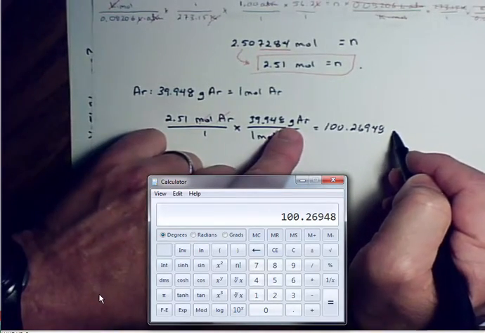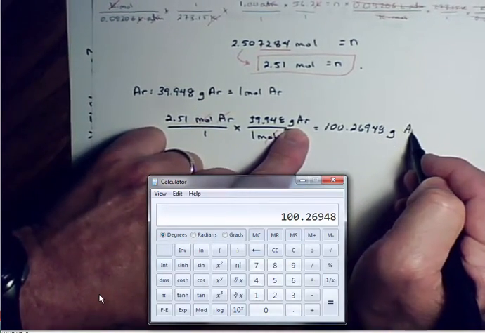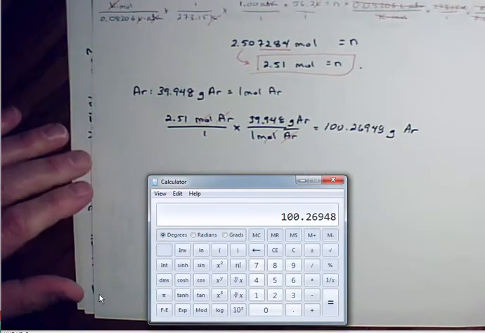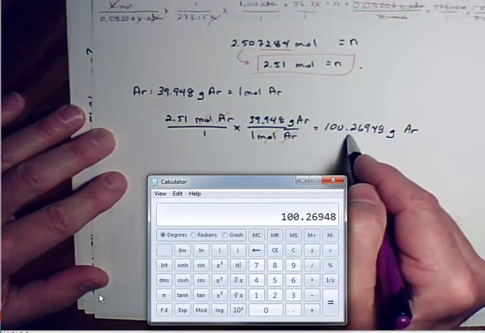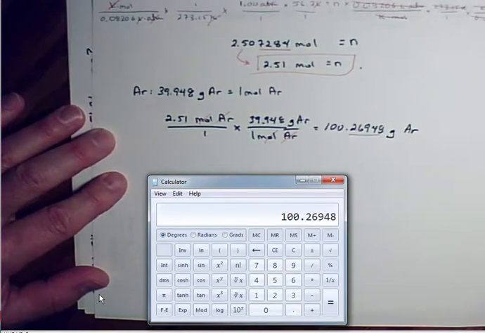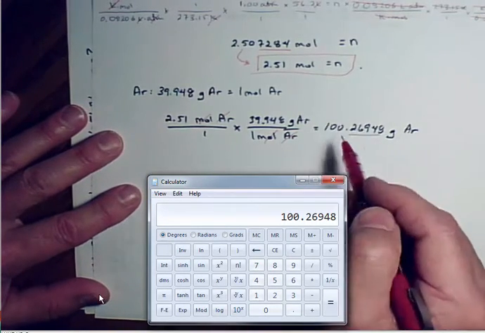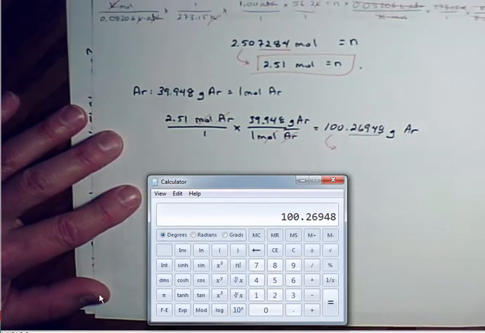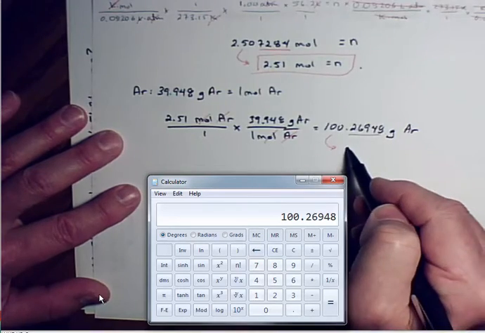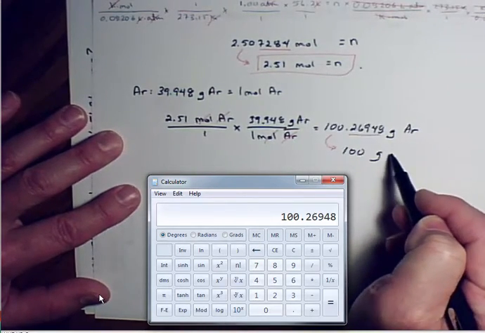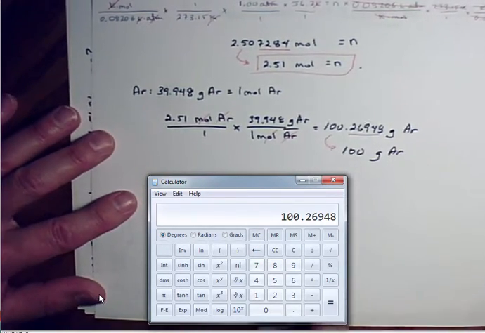The only units we have left are grams. The species we have left is argon. And how many significant digits do we want? Underline everything else after those 3 significant digits, 1, 2, 3. And we write our answer of 100 grams of argon.